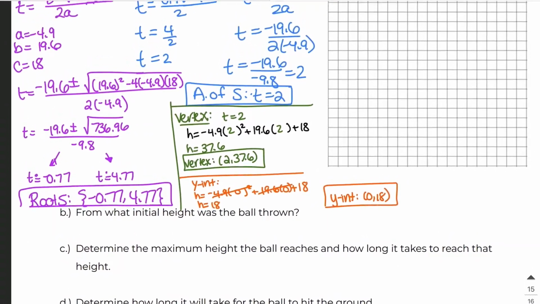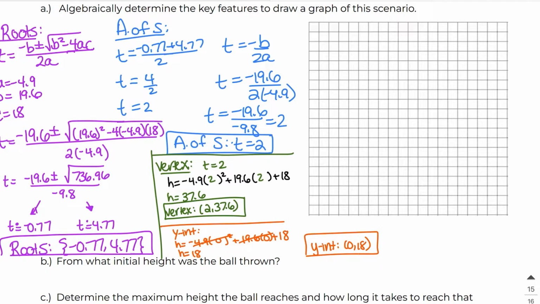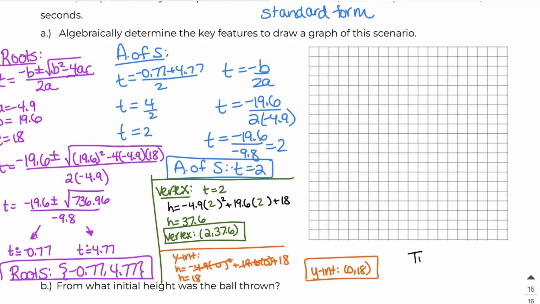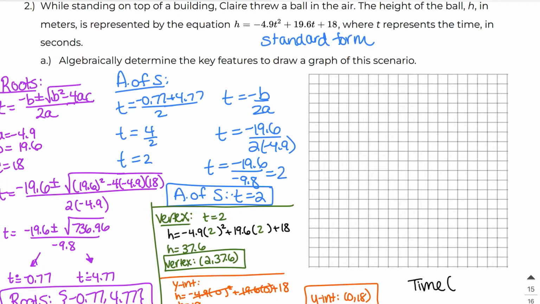All right, so let's graph out this information here. We have enough information to graph this out. Now, one quick note about what is going to be labeled here: we know that on the x-axis, this is going to be time, and this time is measured in seconds, it tells us right here.